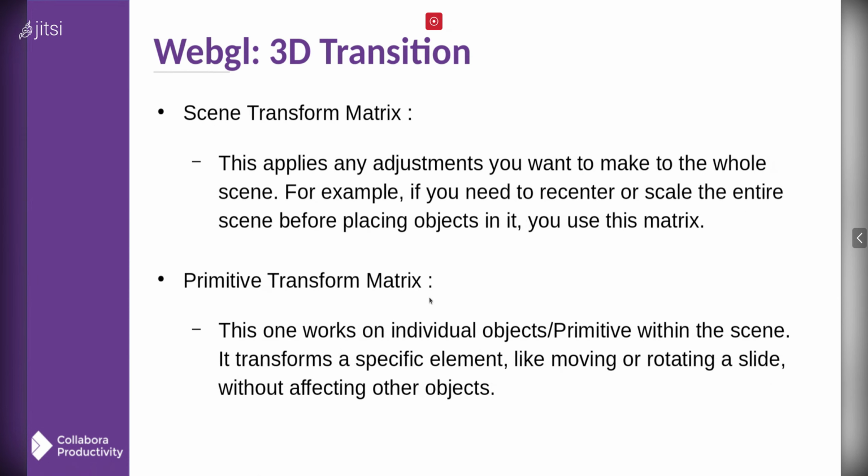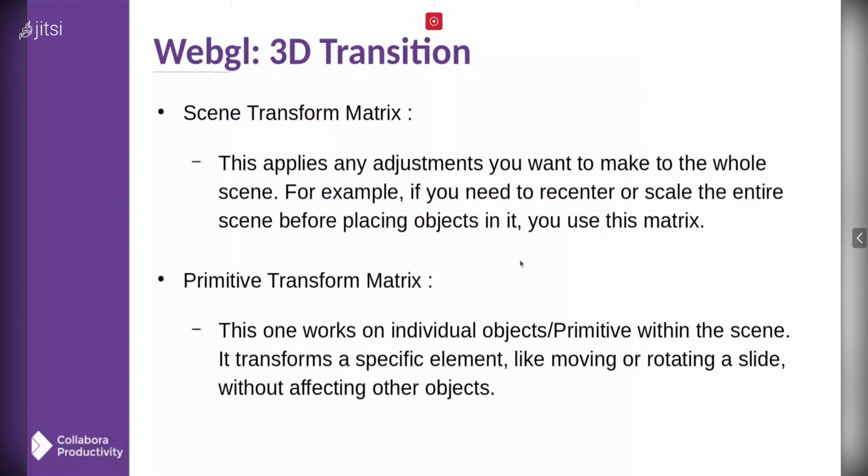Now, the scene transform matrix applies adjustments you want to make for the whole scene. If you want to recenter or scale the entire scene in 3D space, you can use this matrix. The primitive transform matrix works on an individual object, a primitive within the scene.